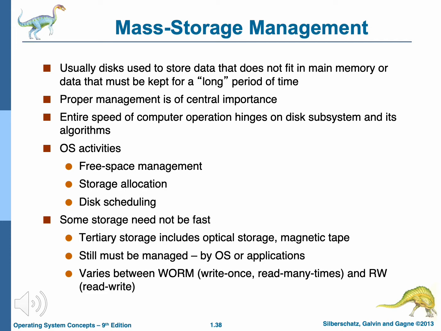Most modern computer systems use disks as the principal online storage medium for both programs and data. Most programs, including compilers, assemblers, word processors, editors, and formatters, are stored on a disk until loaded into memory. They then use the disk as both the source and destination of their processing.